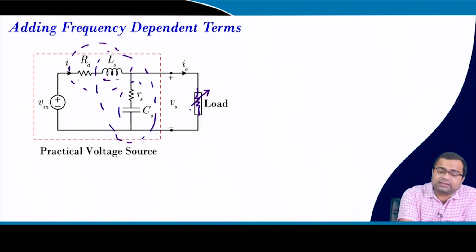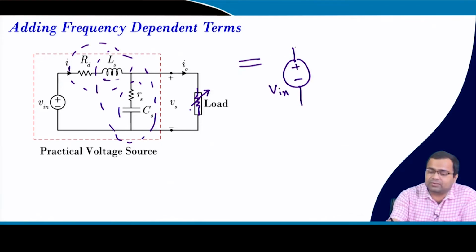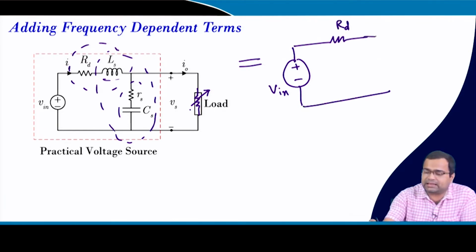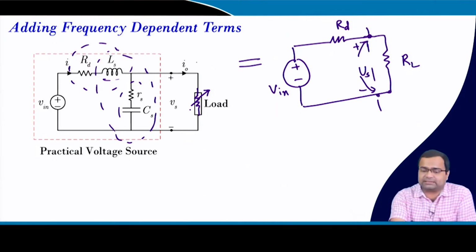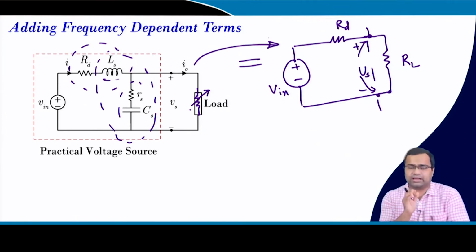Then this will be equivalent to the voltage source V in with the resistance RD, and here we are connecting my load. So this is my actual voltage source terminal. This is a low-frequency model, where we are assuming that the current is changing very slowly, so the transient effect will not come into the picture, because it will die out, it will decay out. Okay?